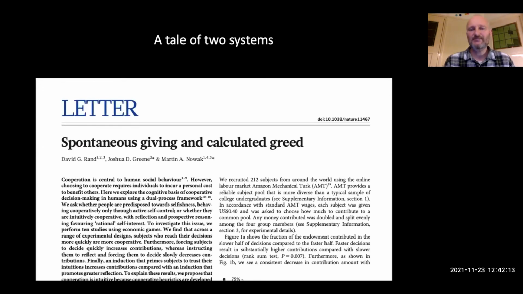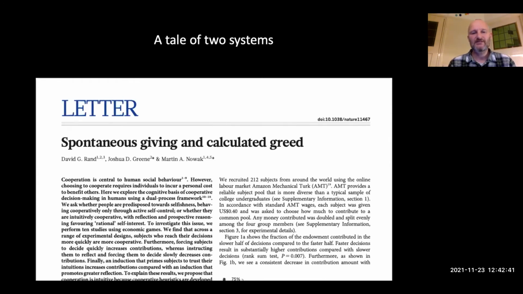Now, the last thing to say, something else that maybe thinking in terms of commitment may help understanding. There's also a famous paper about spontaneous giving and calculated greed, where if people have to move fast, they are more generous than if they have more time to reflect.